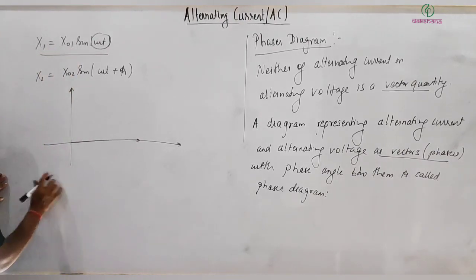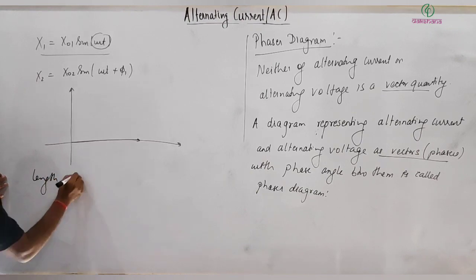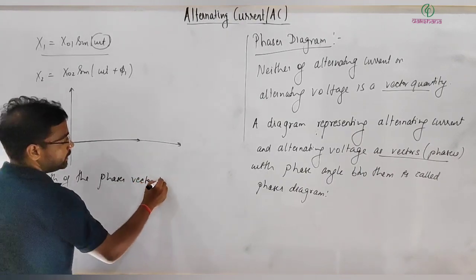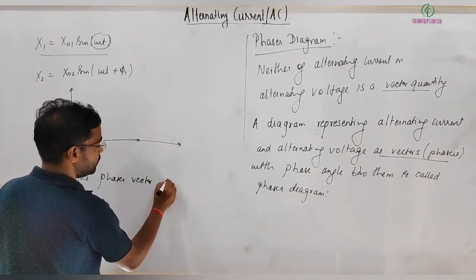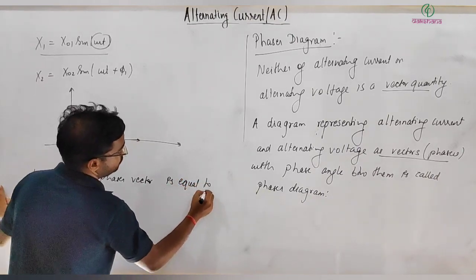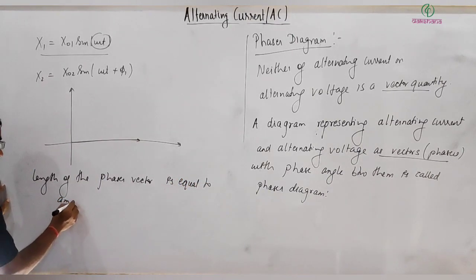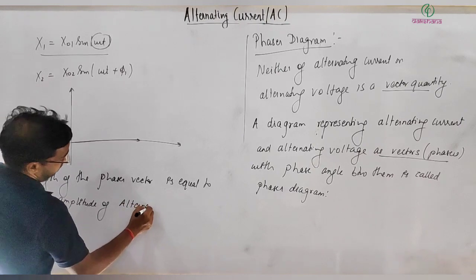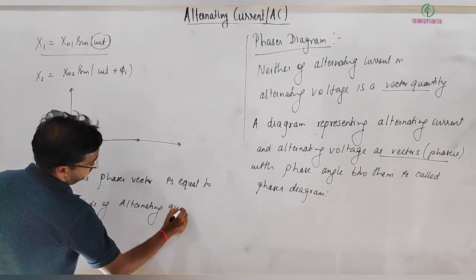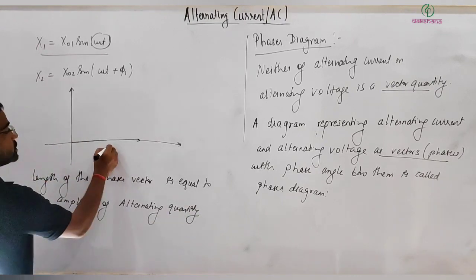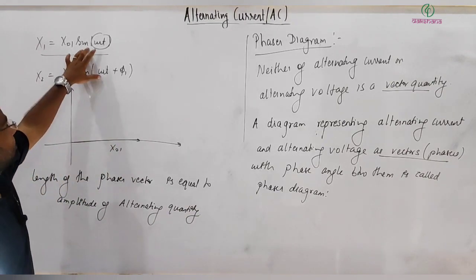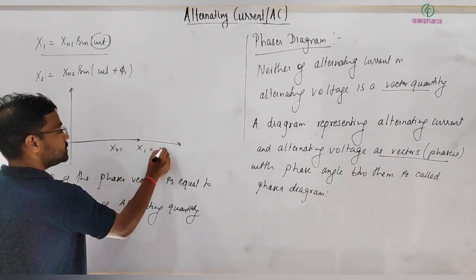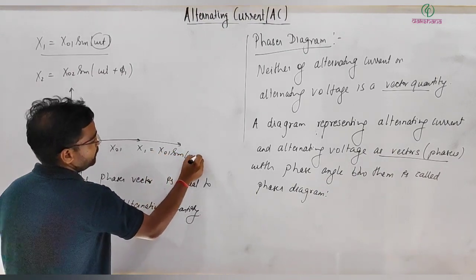So here you can write length of the phasor vector represents, or is equal to, amplitude of alternating quantity. So if x1 naught is the amplitude, and here for reference I am taking this as my one phase, so this is actually your x1, that is equal to x1 naught into sine of omega t.